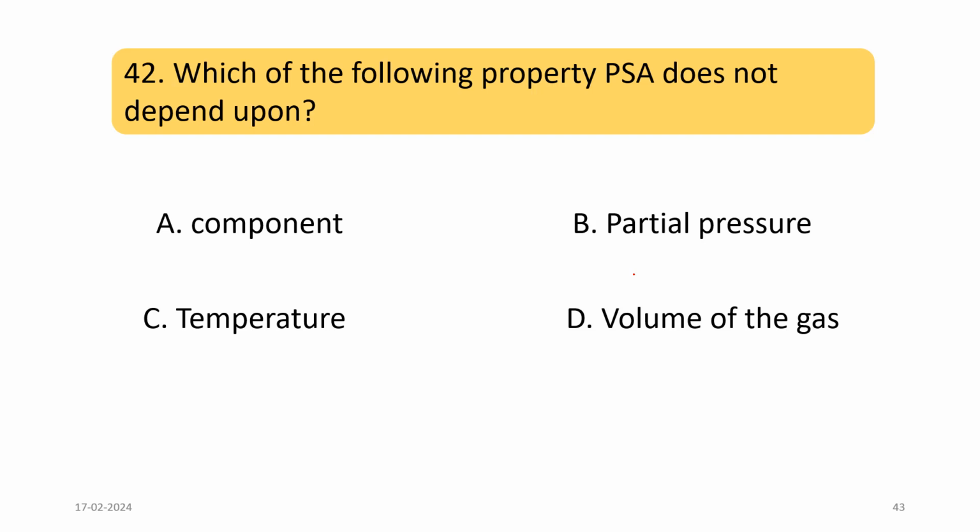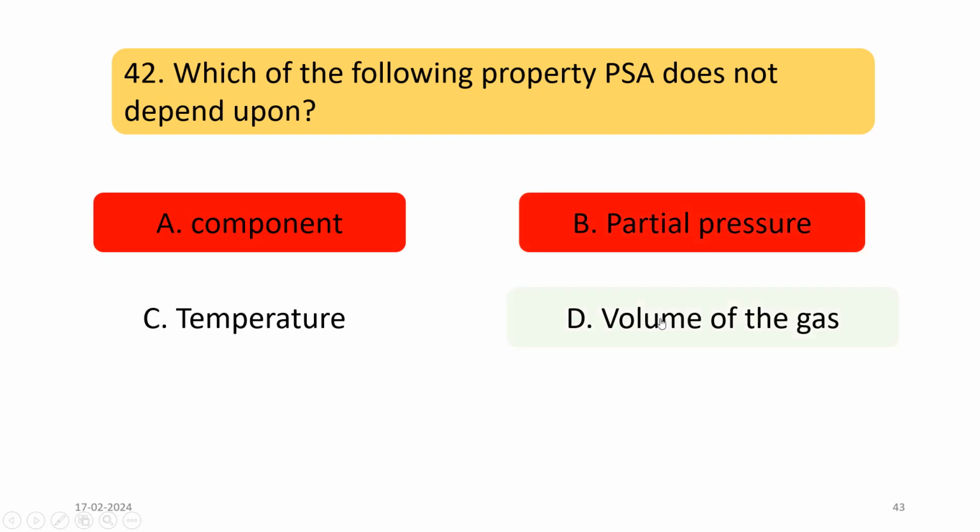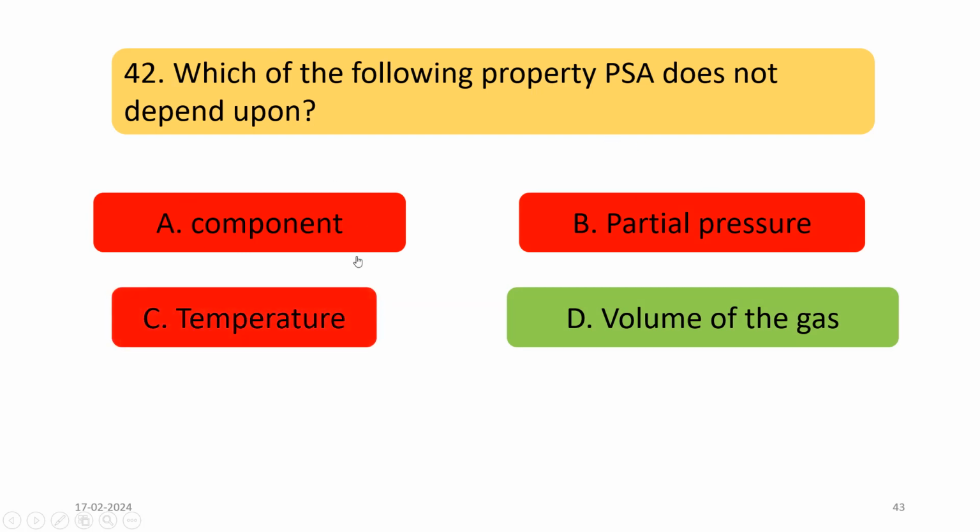PSA does not depend upon component? No. Partial pressure? No. Okay, it is the volume of the gas. So PSA depends upon component, partial pressure and temperature. That is why these are the wrong answers here, because I have asked on which property PSA does not depend. So the answer will be volume of the gas.